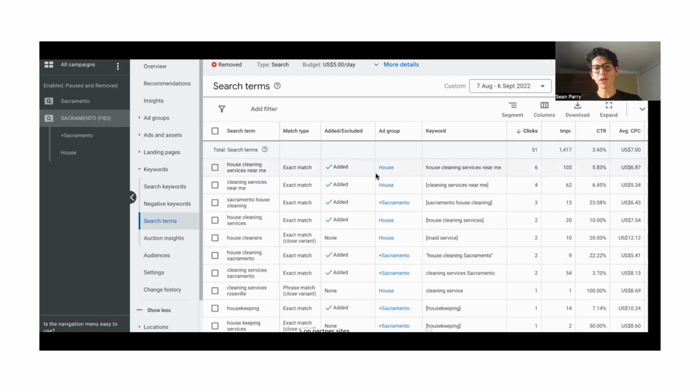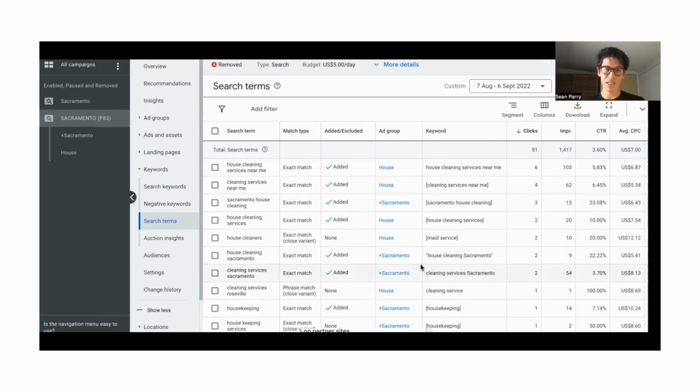But then the final thing is that you can be getting the greatest traffic, really high quality search terms, but if you're sending that traffic to a really bad landing page or a really bad website, and when I talk about a bad landing page or a bad website, it's a landing page that isn't optimized to convert traffic to leads, to get people to call you up or fill out an online form.